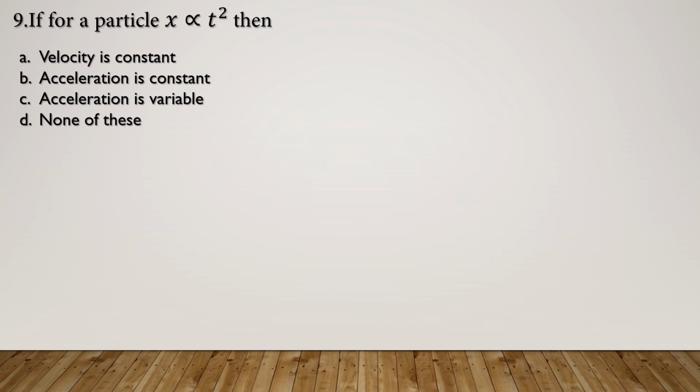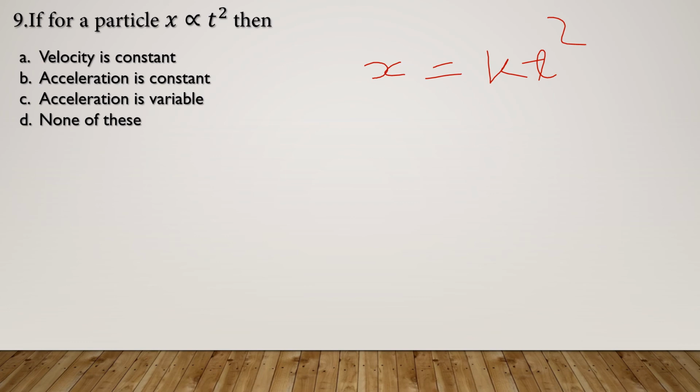Question number 9. If for a particle x is proportional to t square, then the four options are given. Velocity is constant, acceleration is variable, none of these. Now x is proportional to t square means x is equal to k into t square.